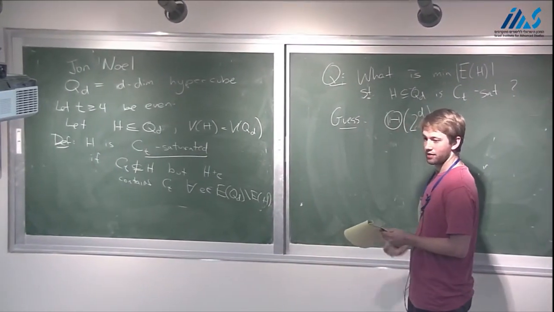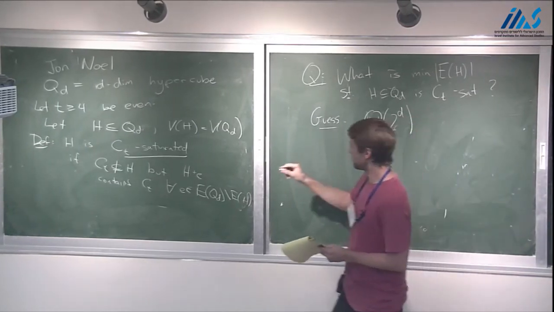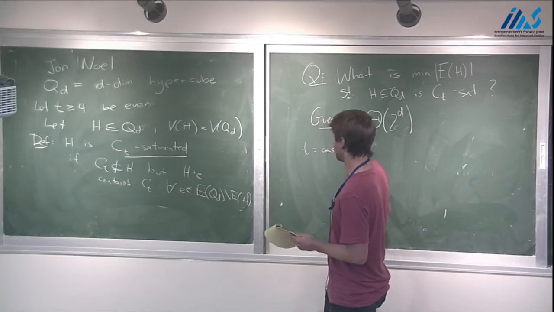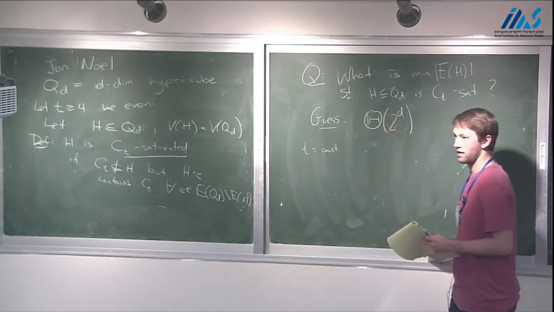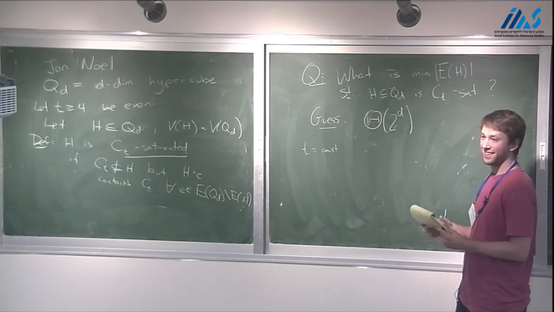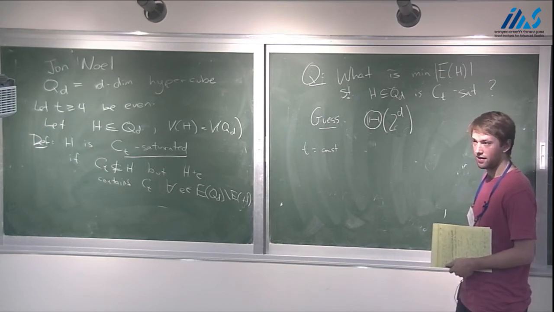But for cycles, t is constant. You know how to do it for a triangle, for example? No, it's a bipartite graph, yes, the hypercube is bipartite. Squares, you know how to do it for squares.